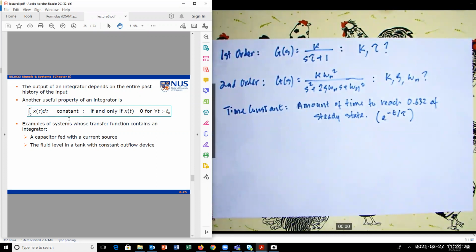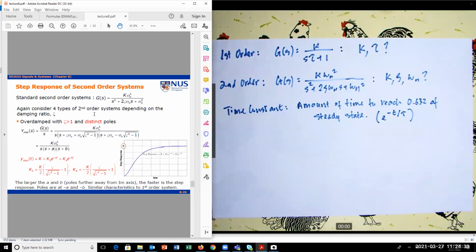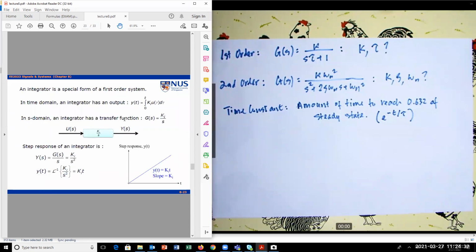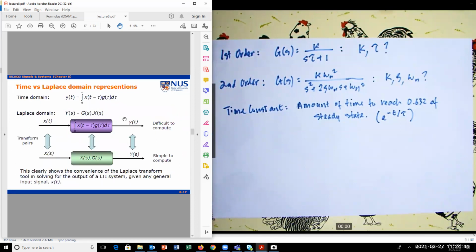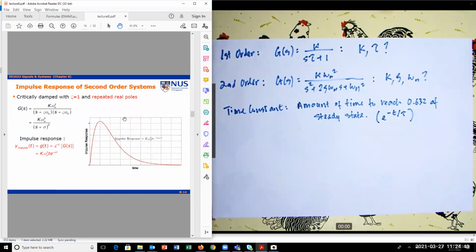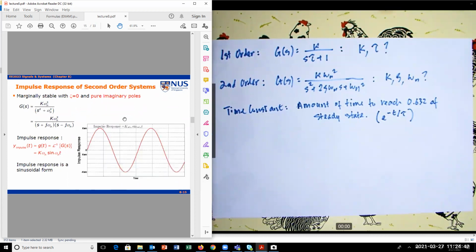So given this information, let's take an example of a first order system with a step input. This is second order, sorry. Input, second order, impulse.